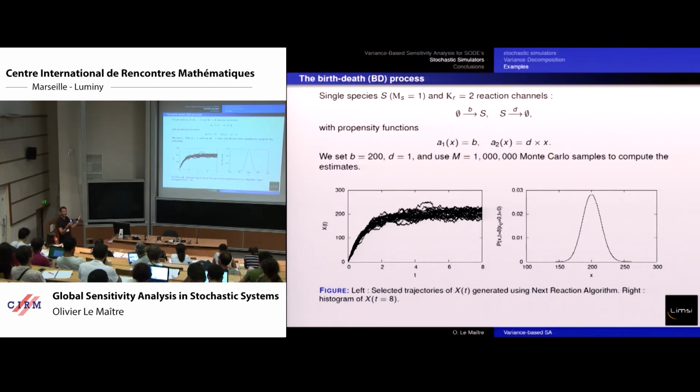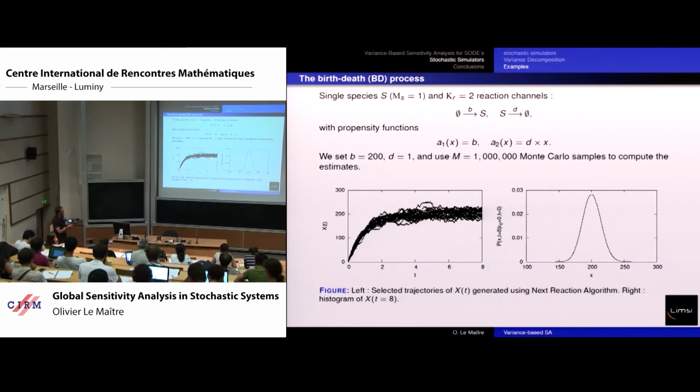No, it's just a birth that occurs once in a while at a rate given by B, and then people are also dying, but at a rate D that is linear in the size of the population. So it's D times X. The more individuals you have, the more frequent it is to observe a death, people dying, right?